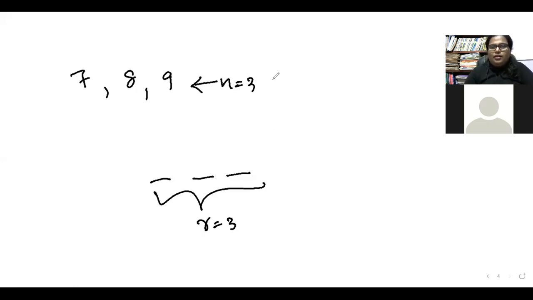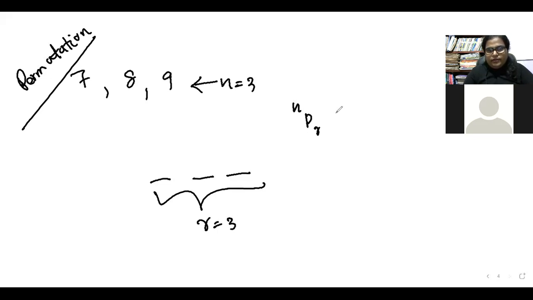So here you know that it is a permutation, because I have already discussed why we take this one as a permutation, because the order matters in this question. So here we can use the nPr formula. You know that nPr is n factorial divided by n minus r factorial.